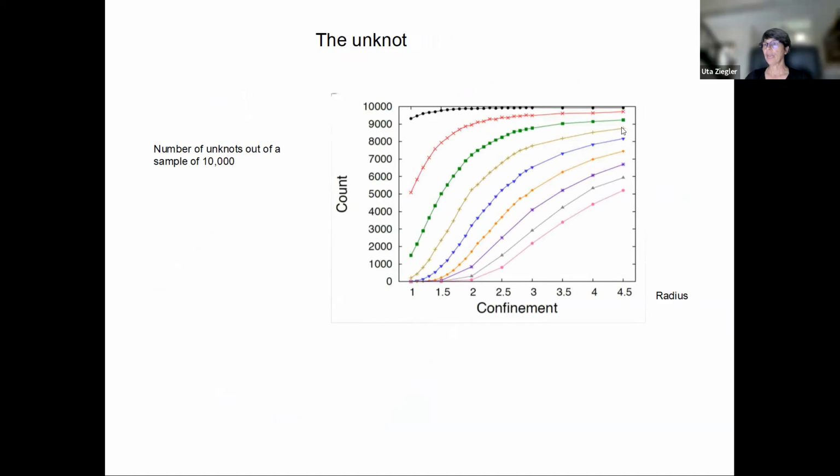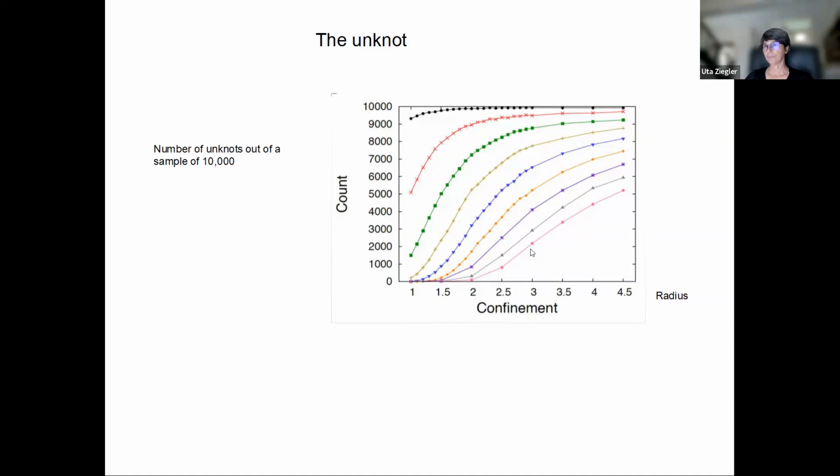If you follow the beige line here, we see that for a radius of confinement 4.5, which is not a very strong confinement, we have about 88% unknots. And then once the radius decreases, that means the confinement increases, it drops down to be very, very close to 0. And you see the same shape for each one of those lengths.